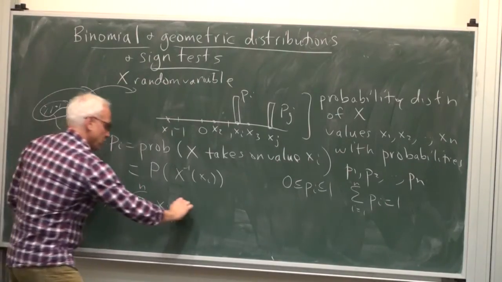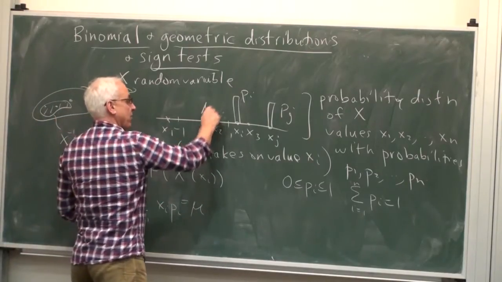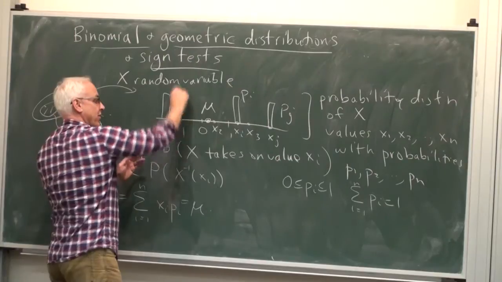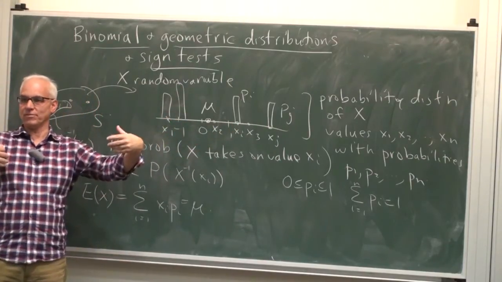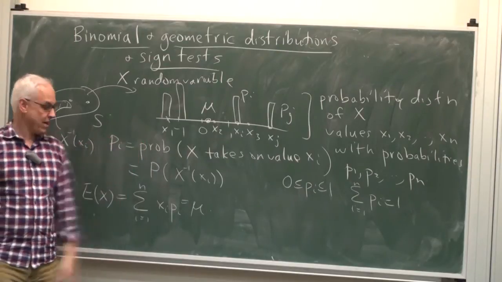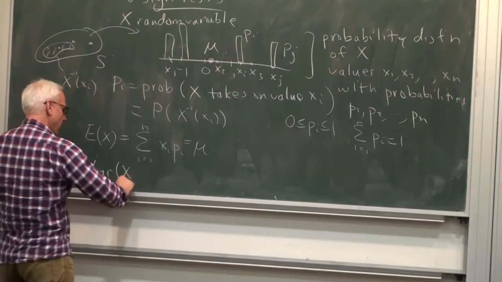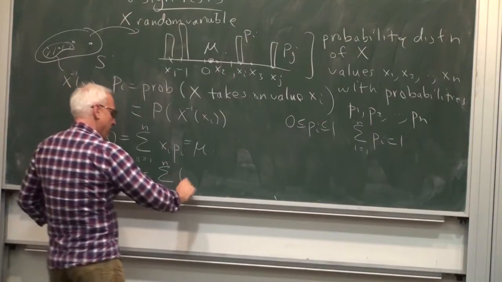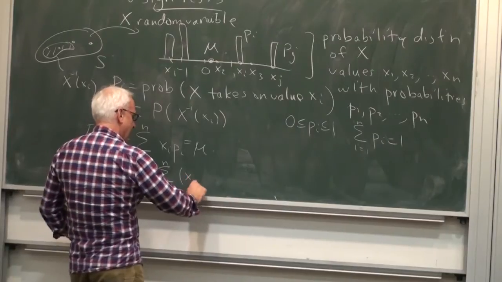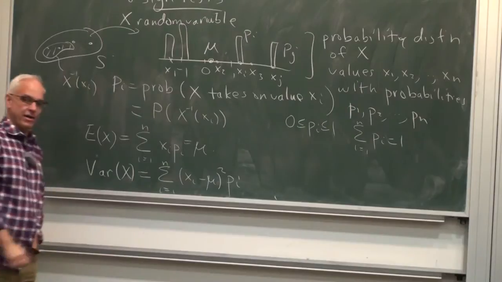Okay, and that's usually denoted mu. That's some kind of average value somewhere in the middle of the probability distribution. And then there's the variance, which is given by summation i equals 1 to n. Well, we take xi minus mu and square it and multiply by pi.